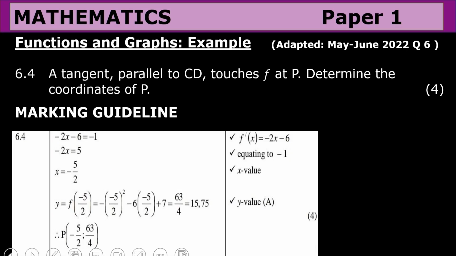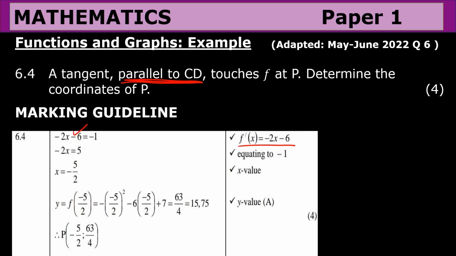Then the next one, still within the same question, says a tangent parallel to CD touches F at point P, determine the coordinates of P. Now, firstly, because we are told that this tangent is parallel to CD, that means something for us. So the first mark that we are going to get here is for the first derivative, which is -2x minus 6.